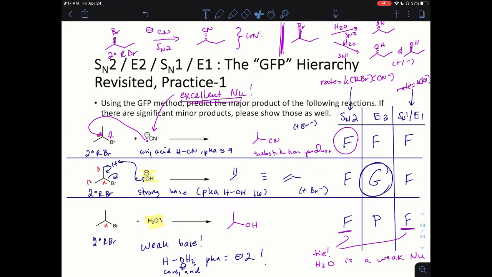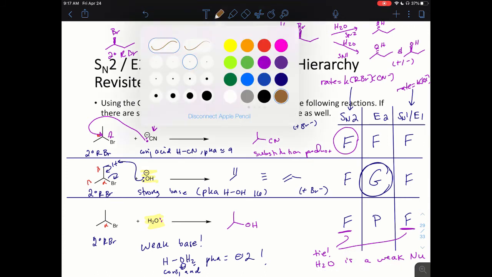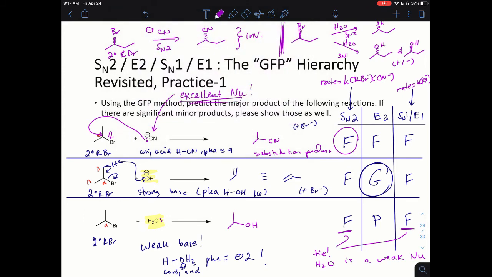So we've ruled out E2, but it's a tie between SN2 and SN1/E1. Now, water is a weak nucleophile, so you might go with SN1 here. But again, this is a pretty tough call. But no matter which mechanism it goes by, you're going to have the same alcohol, the same substitution product.